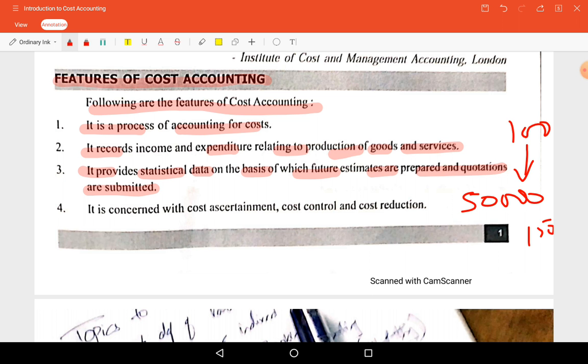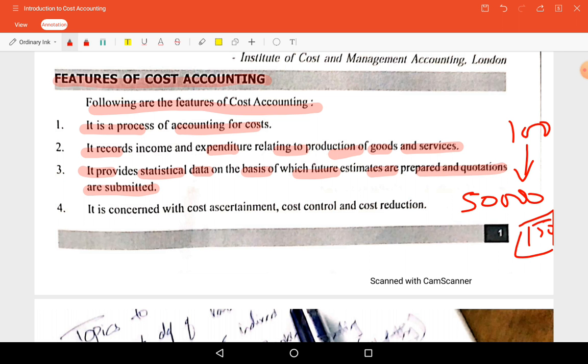To produce 150 units, how much cost will be incurred, with fixed and variable classification and other things, cost accounting will help you to estimate the future cost and prepare and submit quotations.